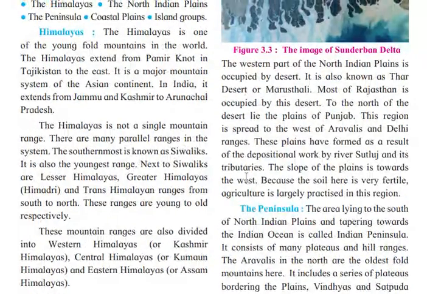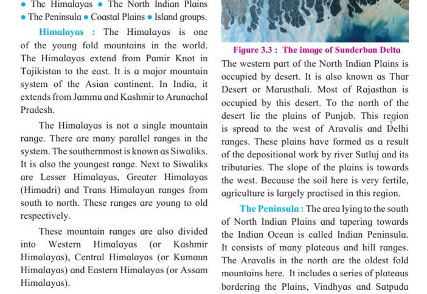It is known as the Thar Desert, and most of Rajasthan is occupied by this desert. Which desert? The Thar Desert. To the north of the desert lie the plains of Punjab.